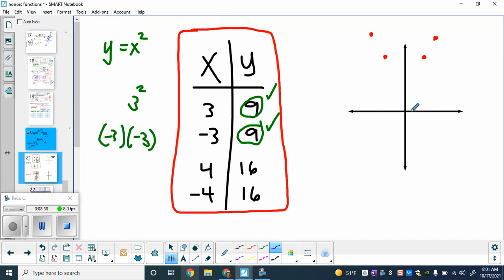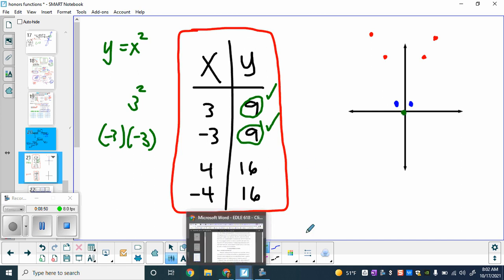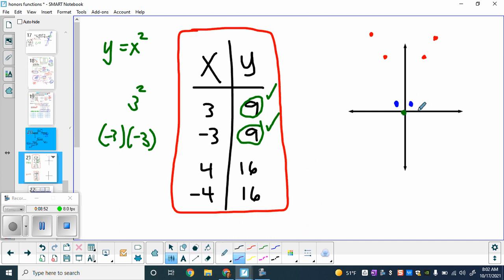Think about if you did over 1, 1 squared, 1. If you did a -1 times -1, you'd still get a 1. 0 squared is just 0. Let's do 2 squared real quick. If you did 2 times 2, you'd get a 4, so that'd be about here. And then -2 up 4 would be about here. So I'm slightly off, but it makes about a U-shaped graph.